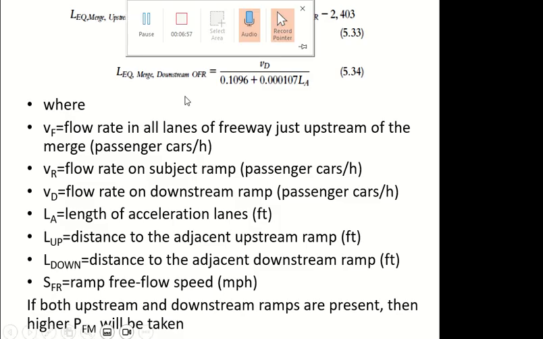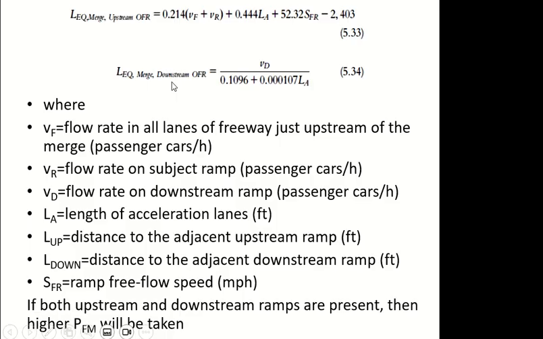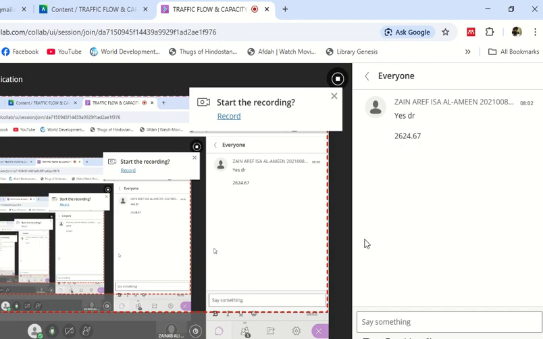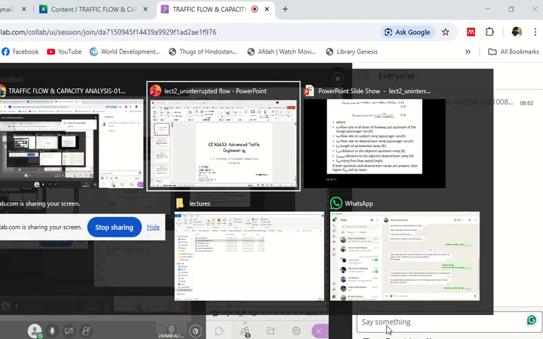Yes, how much is LEQ, the second one? Okay, so if I compare it with D, the D is the distance between the two ramps.